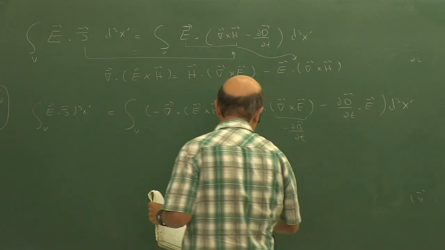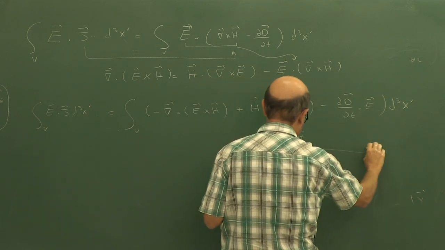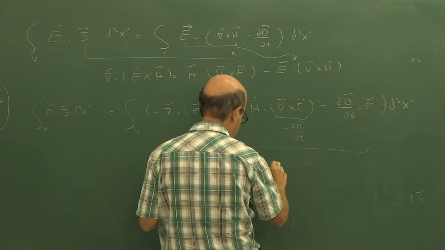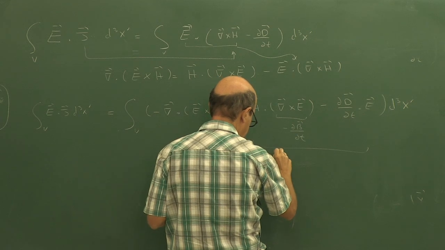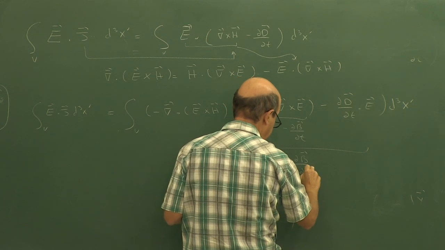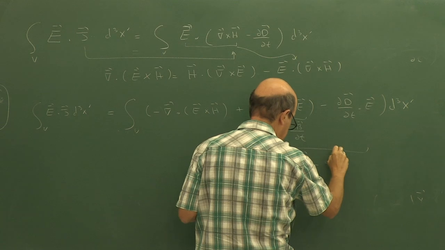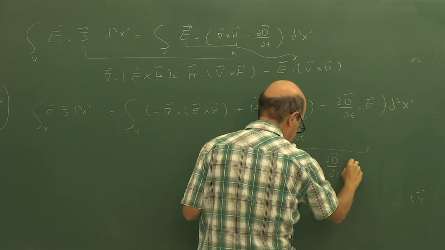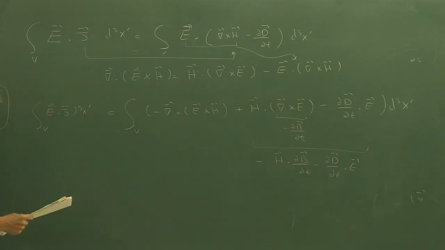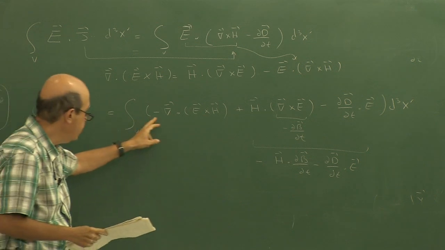And what you have here is minus H dot del B over del t minus del D over del t dot E. This is minus, and everything is minus.